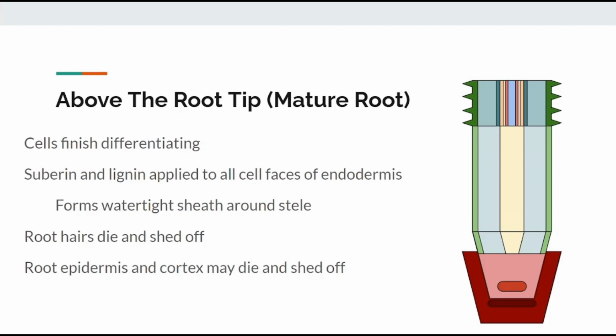Continued maturation of the endodermis results in the formation of a watertight sheath around the vascular tissue, which helps keep the water inside vascular tissue for older roots. As previously mentioned, after root hairs die and are shed off, the root epidermis and outer cortex may die and shed off, leaving the endodermis to be the surface of a root until secondary growth occurs and root bark forms.